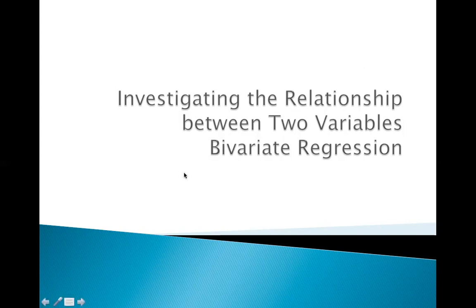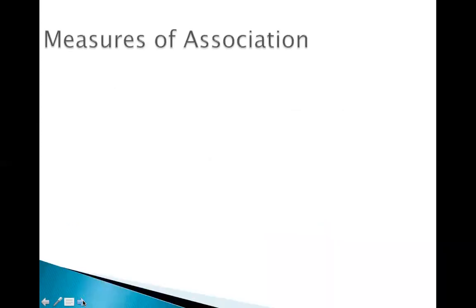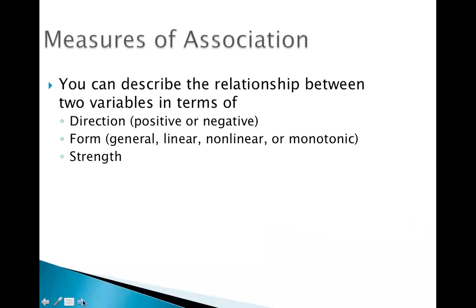So first of all, I want to begin just by reviewing what I talked about on Monday about how we can describe the relationship between two variables. We can speak to the direction of the relationship, the form of the relationship, and the strength of the relationship. Regression analysis is very intuitive because we can speak to all three of these together: the direction, the form, which in this instance we expect to be linear, and also the strength of the relationship.